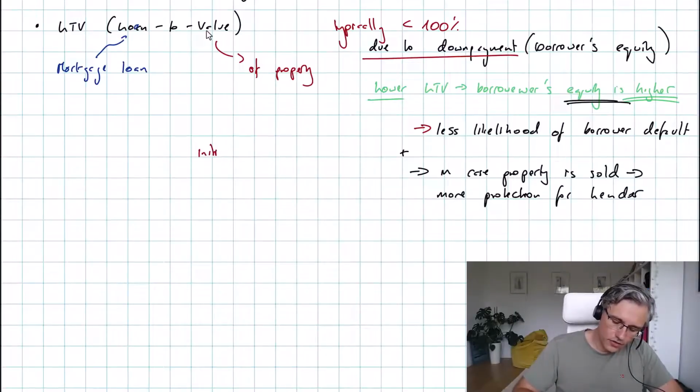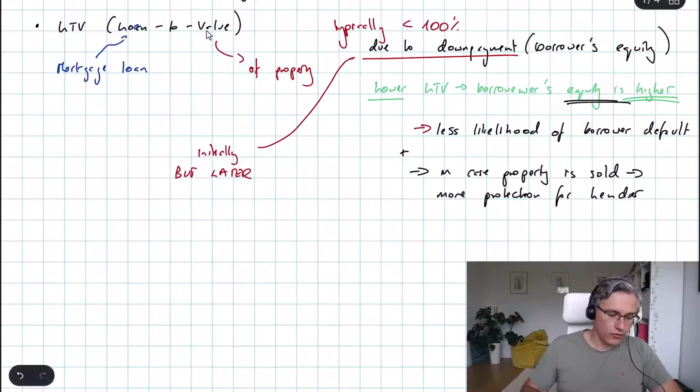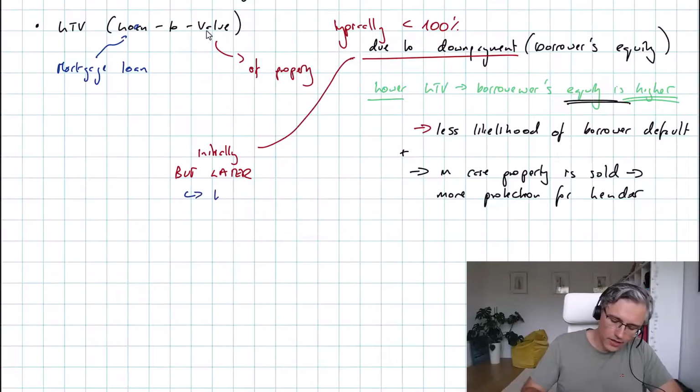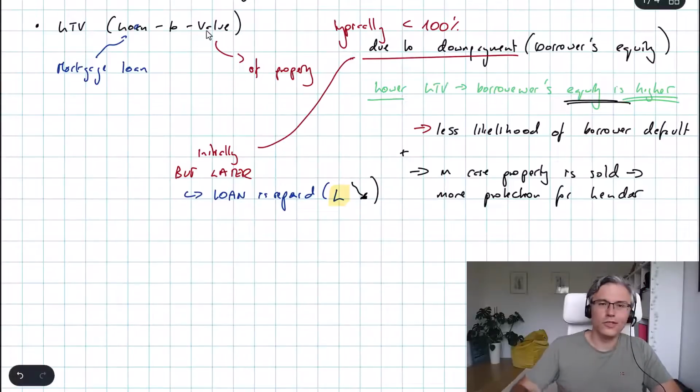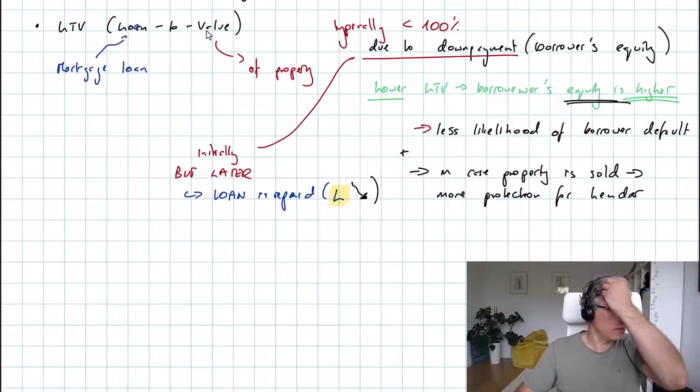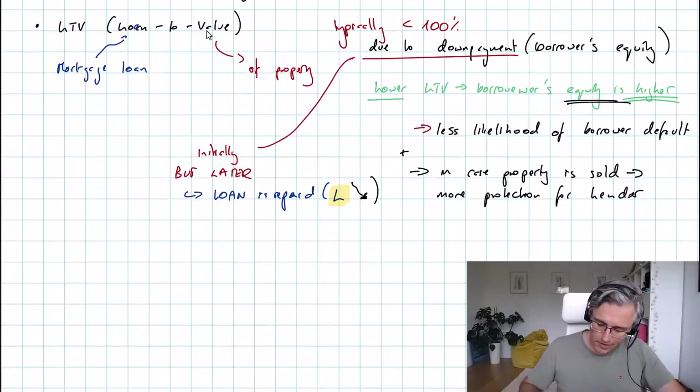So this is initially the case at the start of the transaction, but later things become a lot more complicated, because on the one hand, the loan is being repaid. So the L in LTV, the L term, should be going down, unless you have a loan that's denominated in a foreign currency that then, despite the principal being repaid, can still go all over the place.